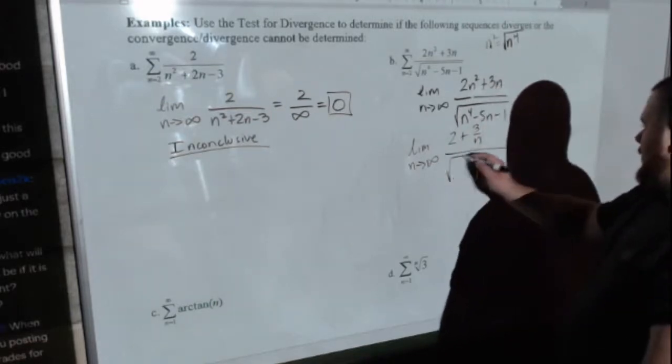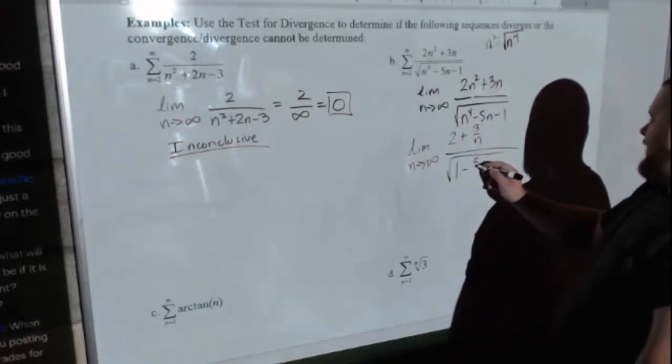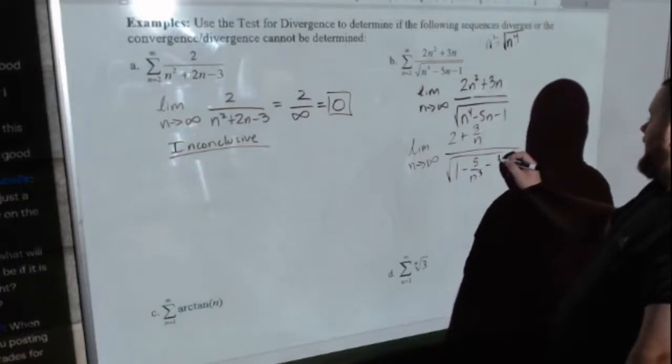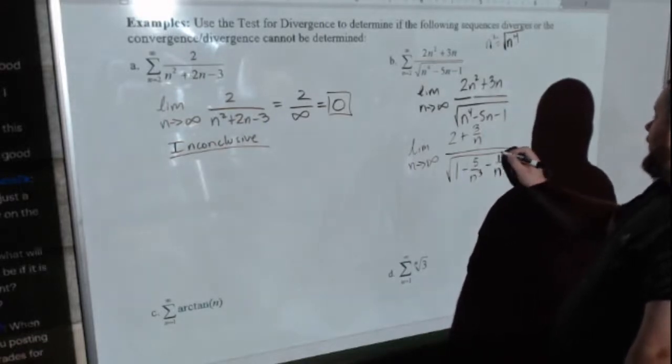So this becomes 1 minus 5 over n cubed minus 1 over n to the 4th.